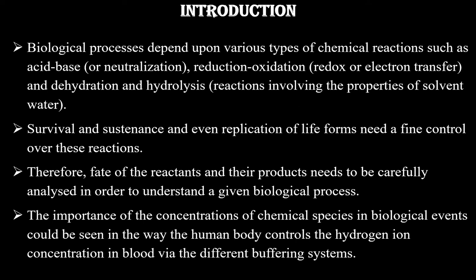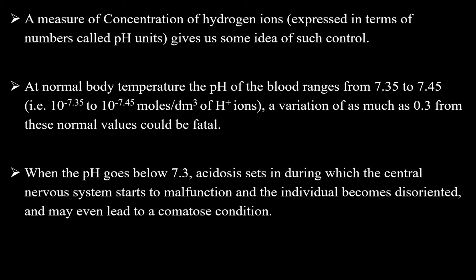The importance of the concentration of chemical species in biological events can be seen in the way the human body controls hydrogen ion concentration in blood via different buffering systems. The measure of concentration of hydrogen ions, expressed in terms of pH units, gives us some idea of such control.